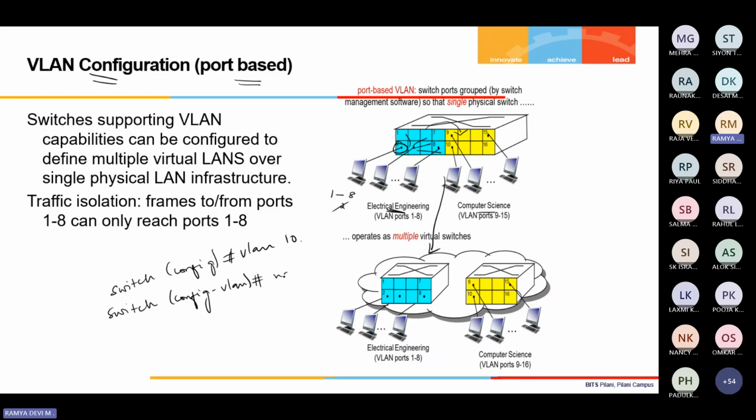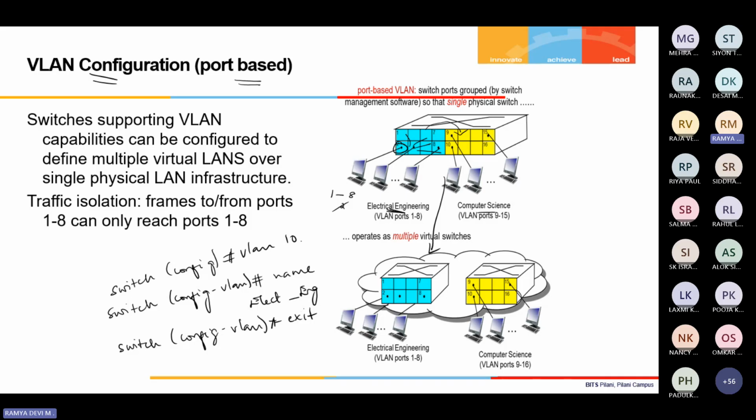I say the name is electrical engineering. So VLAN 10 is electrical engineering. If I want to set computer science for VLAN 20, I'll again write switch configuration, VLAN 20, the name is computer science engineering, and I'll be exiting.